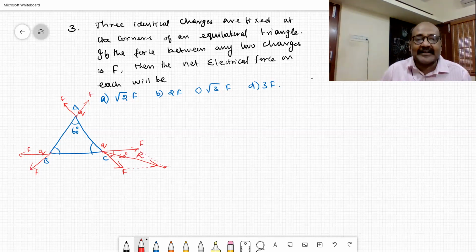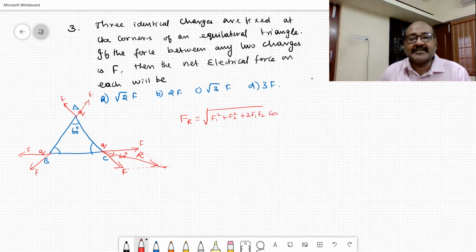So how to calculate the resultant magnitude? The resultant force, let us consider it as Fr, is equal to root of F1 square plus F2 square plus 2 F1 F2 cos theta. Using this formula, I can calculate the resultant force at any one of the corners.